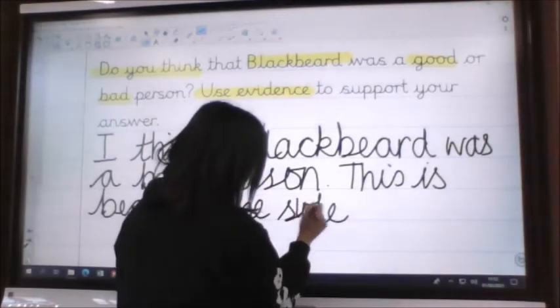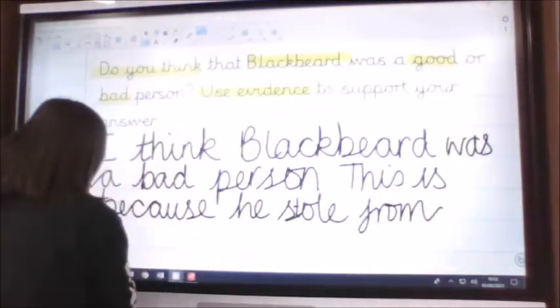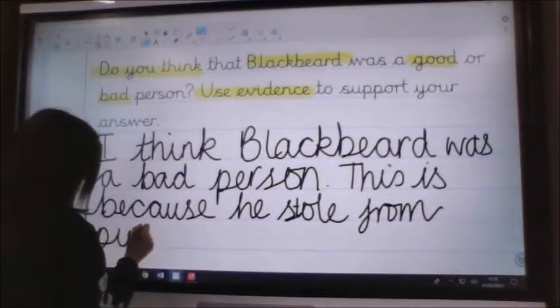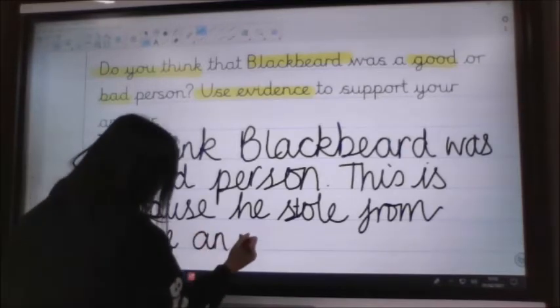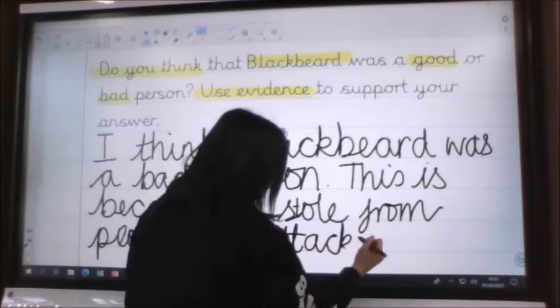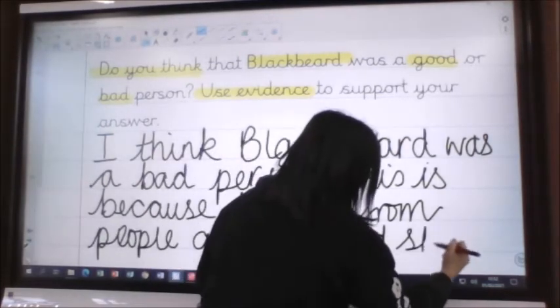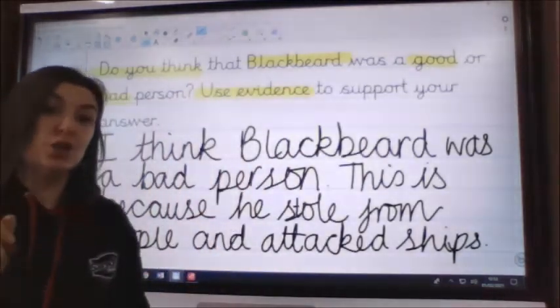And attacked ships. That's what he did. But I'm going to add a little bit to show.